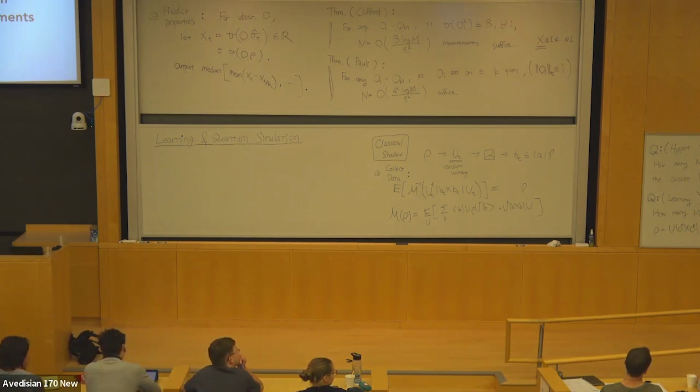We want to fully learn the state, but we have an additional promise that the state of interest is of bounded complexity. In general, a state rho requires an exponential number of measurements to learn. But what if we have the additional assumption that it only requires a bounded number of gates? Think of capital G as a parameter. Maybe it scales linearly or polynomially in system size. Then how many measurements are required to perform tomography in this setting?